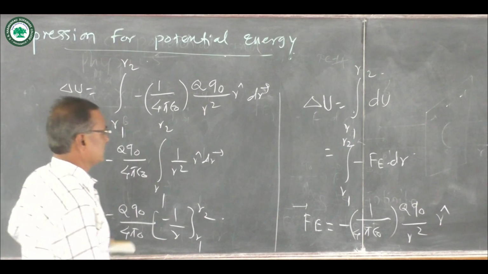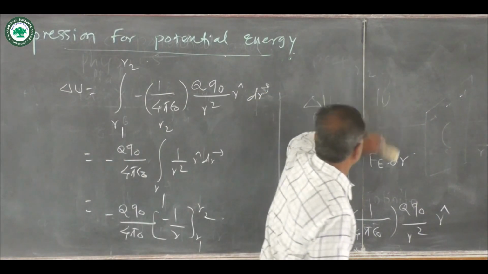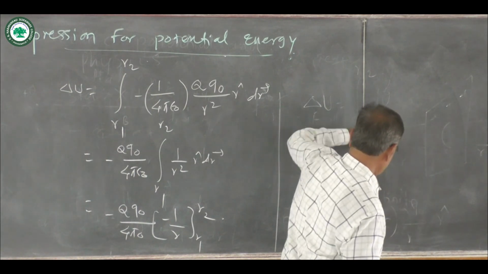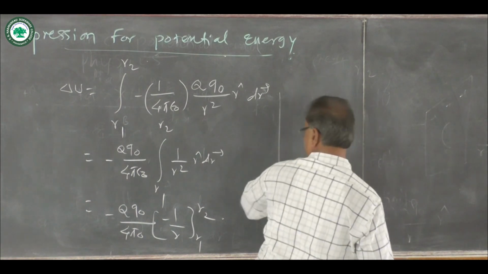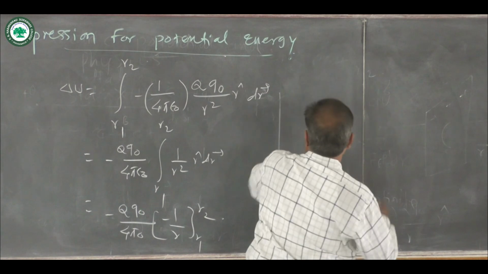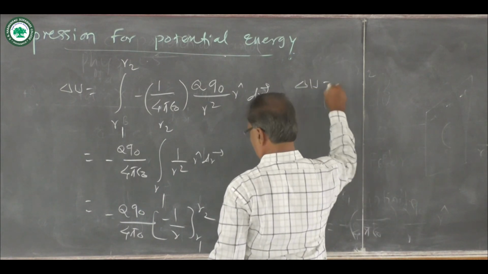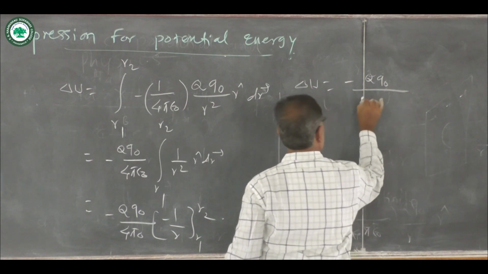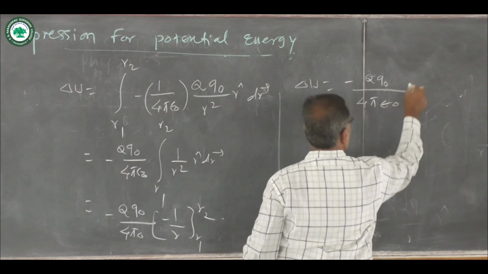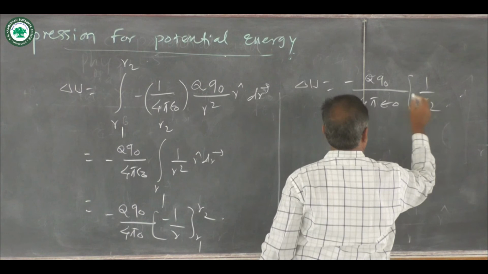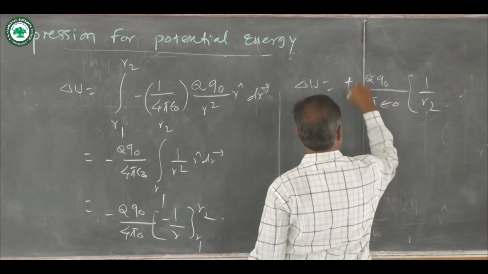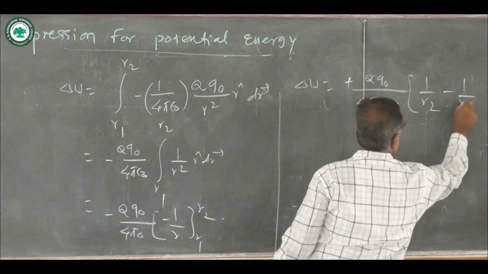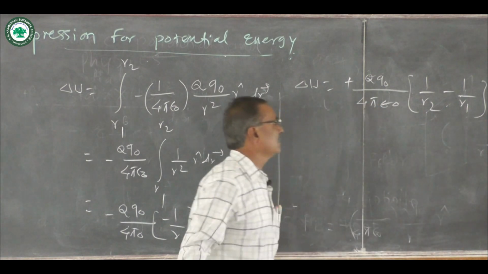So therefore, change in potential energy delta U is equal to minus Q Q0 upon 4 pi epsilon naught in bracket 1 by r2, here minus minus become plus, minus 1 upon r1.